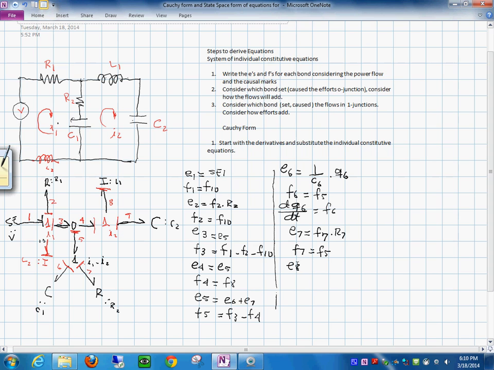Then E sub 8 is equal to, right here, E8 is E4 minus E9. And F sub 8 is equal to 1 over I sub 8 P sub 8, and dP sub 8 dt is equal to E sub 8.